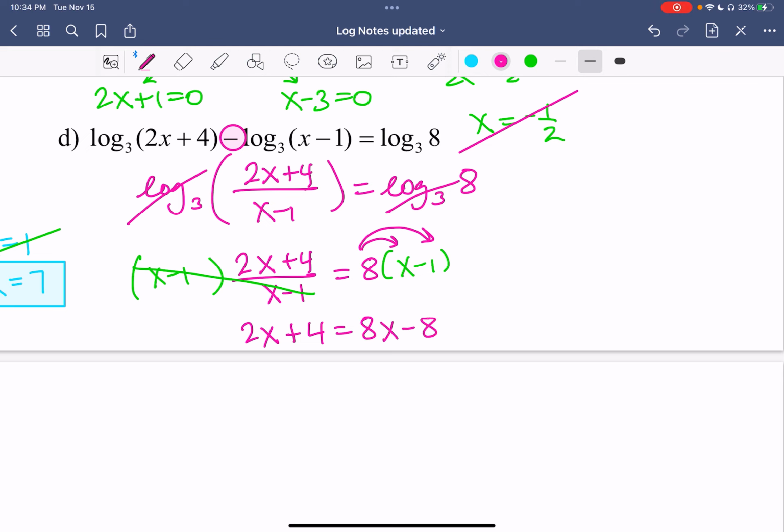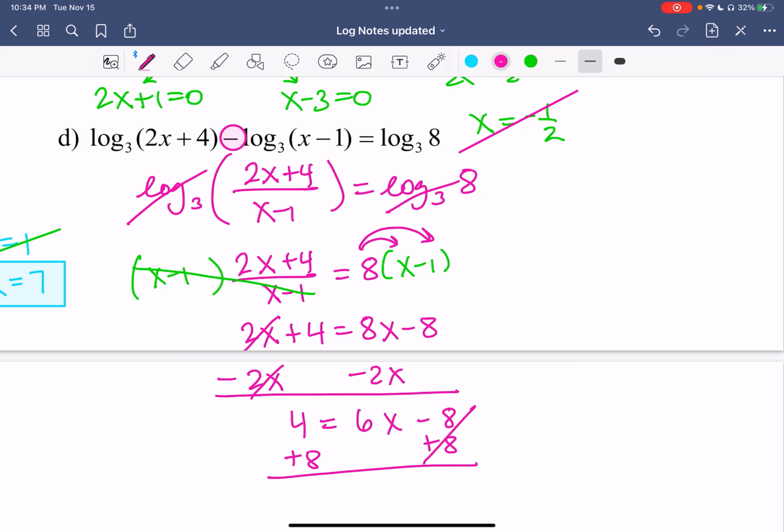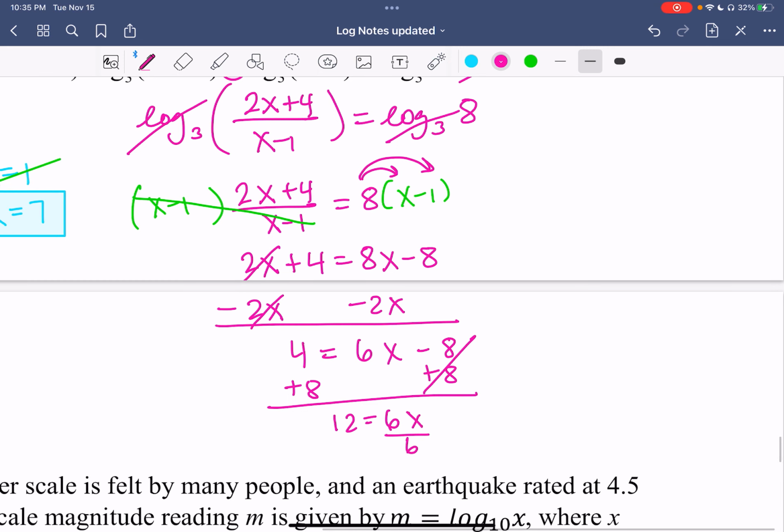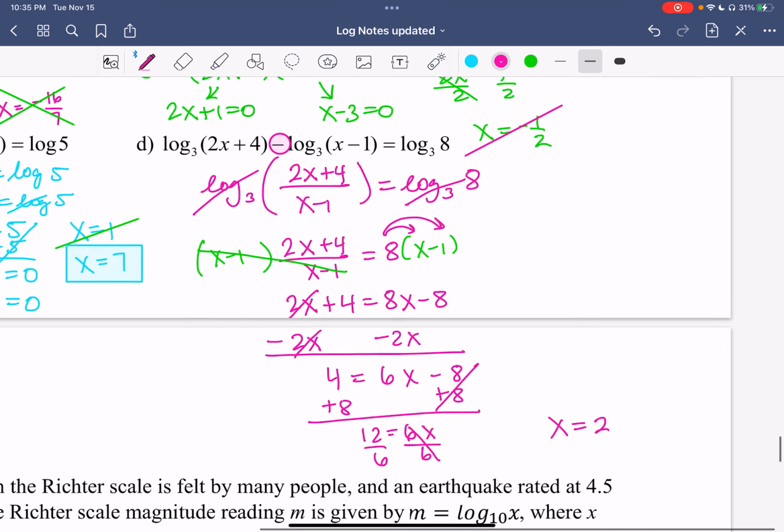Okay, you're going to want to get the x's on the same side, so I can subtract 2x on each side. That gives me 4 equals 6x minus 8. Then I can add 8 on both sides. 8 plus 4 is 12. That's equal to 6x. And then if I divide by 6 on both sides, 12 divided by 6 is 2.